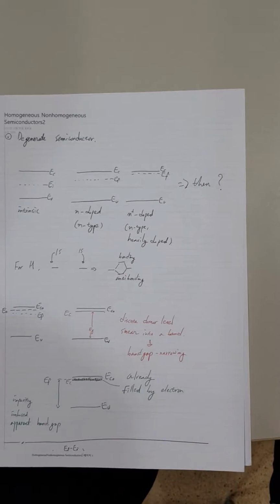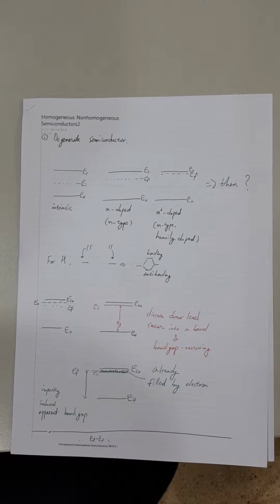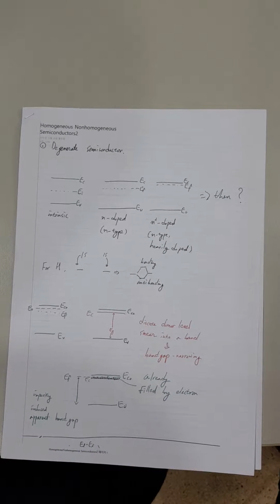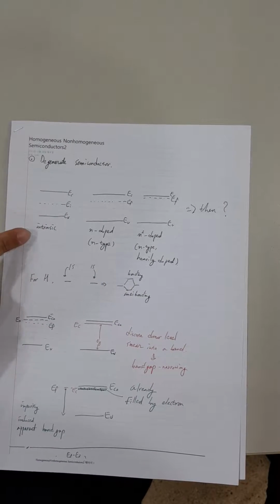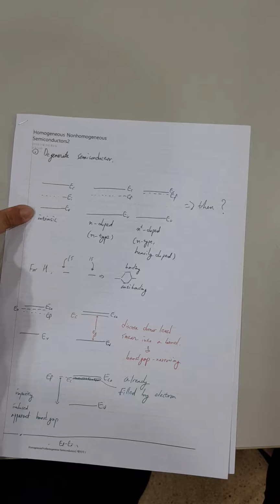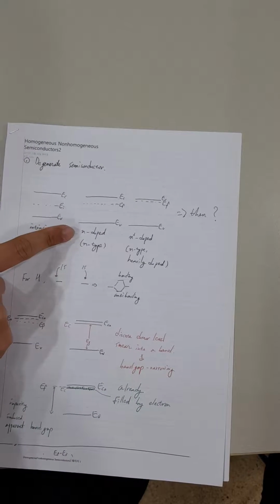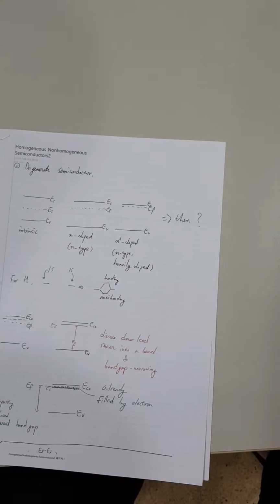Today we have learned more about homogeneous and non-homogeneous semiconductors. First, we have learned about degenerate semiconductors, and as you can see in this energy band diagram, it represents intrinsic, and this represents the n-doped energy band diagram, and this is heavily doped n-type.